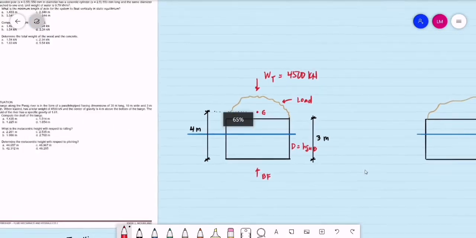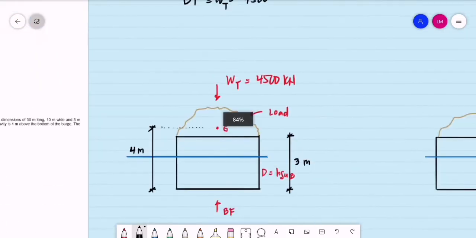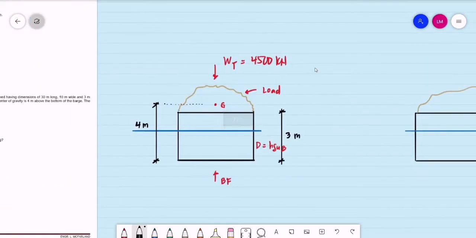So by summation of forces vertical equals 0, for question number 4, assuming upward forces to be positive, the buoyant force is simply equal to the weight, and the weight total is equal to 4,500 kilonewtons. Those are the only two forces we consider.